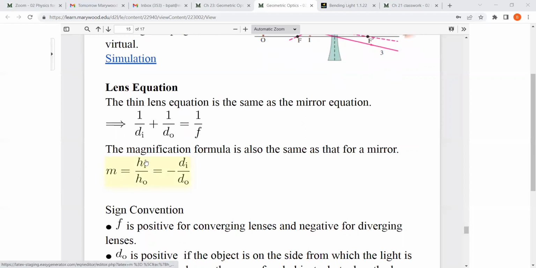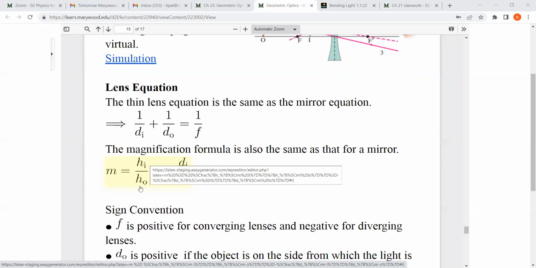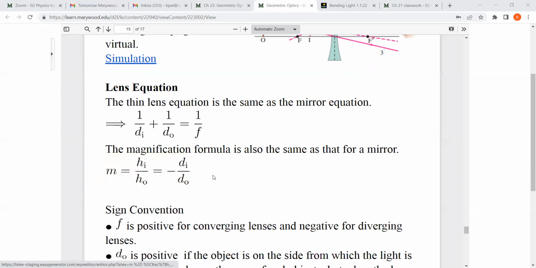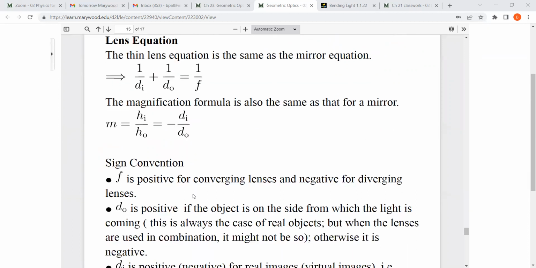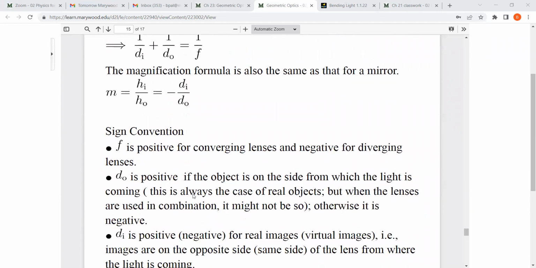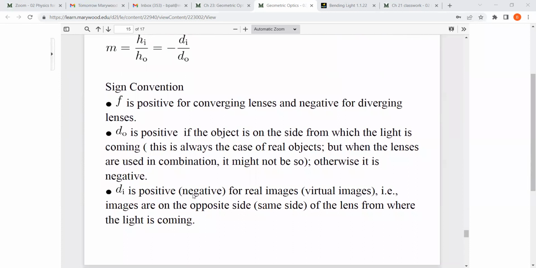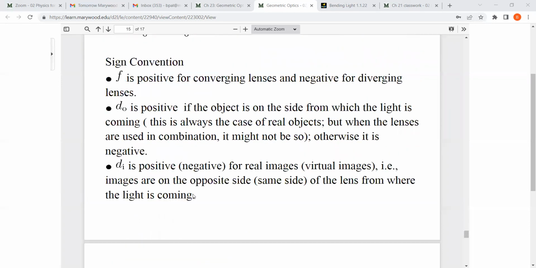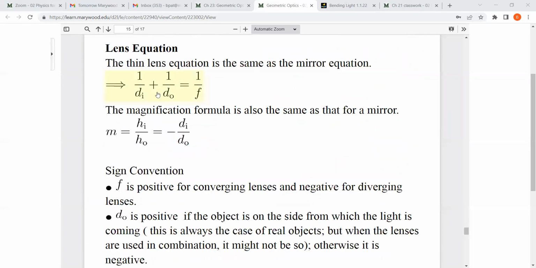So m is the ratio of image height to object height, or it could be the negative of image distance over object distance. Now here we are going to understand the sign convention. Sign convention is very important because this equation and this equation I will be giving, so you don't need to remember that. You have to understand how we use the sign.